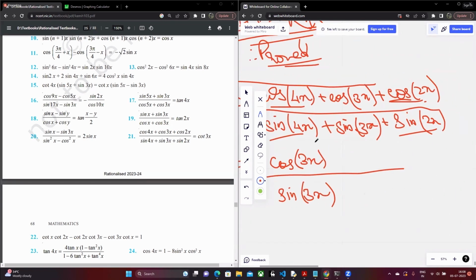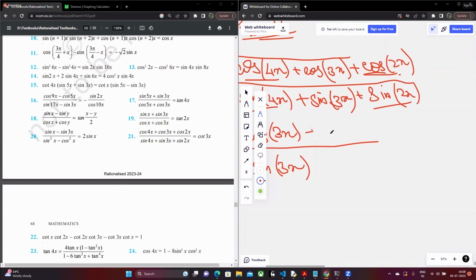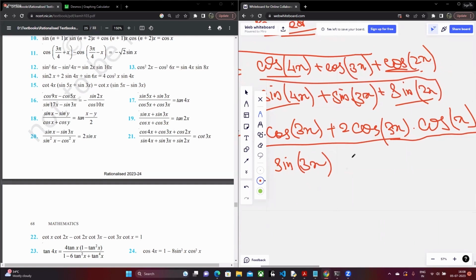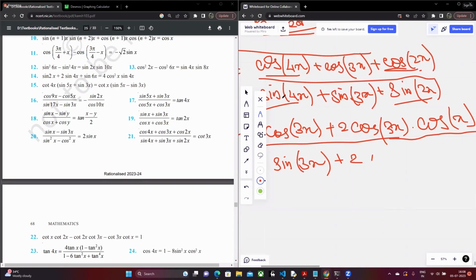In the numerator, cos 4x plus cos 2x is going to be 2 cos of (4x plus 2x) divided by 2, that is 3x, into cos of (4x minus 2x) divided by 2, that is x. And the denominator, since this is sine plus sine, you are going to have 2 sine of 3x into cos x.